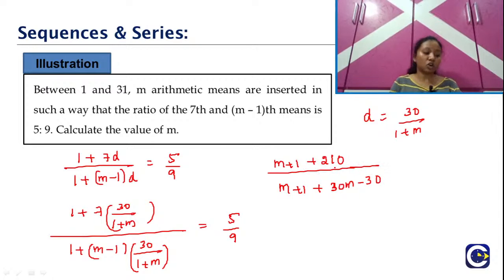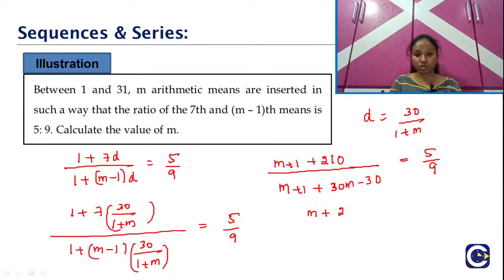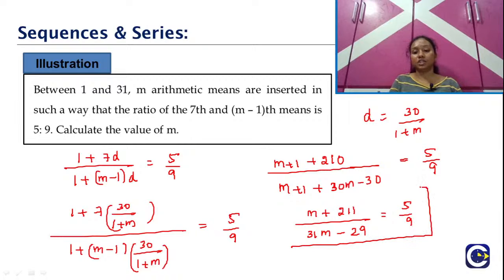In the denominator, the 1 plus m gets cancelled, and this will be equal to 5 by 9. Now we simply do the cross multiplication to find the value. So here it will be (m plus 211) by (31m minus 29) equal to 5 by 9. This is the ratio so far.